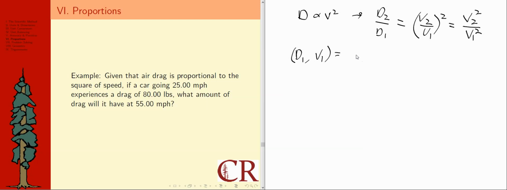So, for 25 miles per hour, it experiences a drag of 80 pounds. One way to look at that is that D1 is equal to that 80 pounds. I'm going to keep units in here just to be clear what I'm doing, to make sure I don't accidentally screw up some numbers or put them in the wrong place. If somebody else said V1 and D1 as their ordered pair, I don't think there's any convention here. So there are different choices, but I want to make sure I stay consistent.